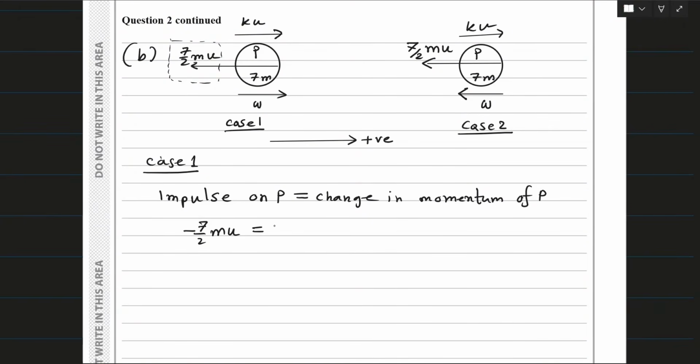So change in momentum is equal to momentum after the collision minus momentum before the collision. I'm sorry, this would be p after minus p before.